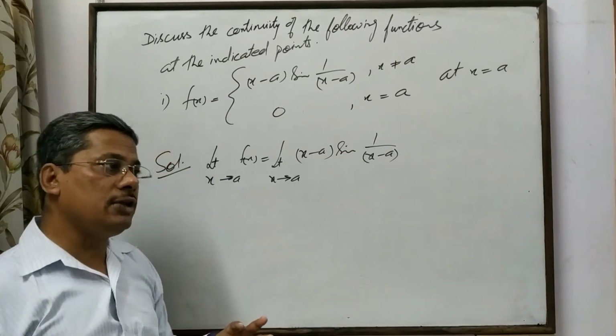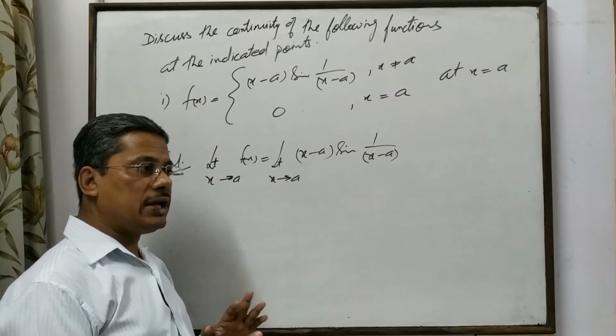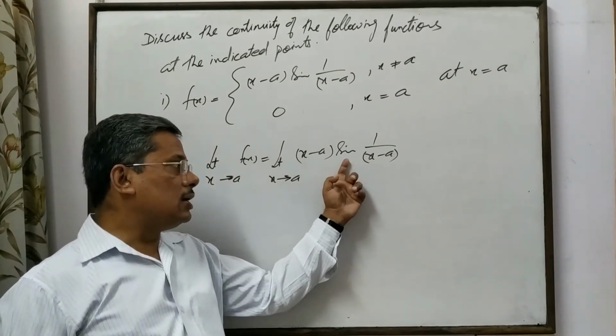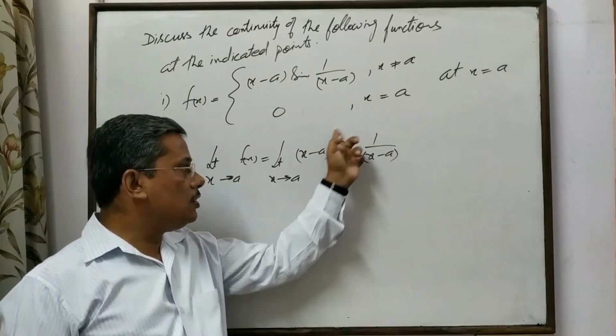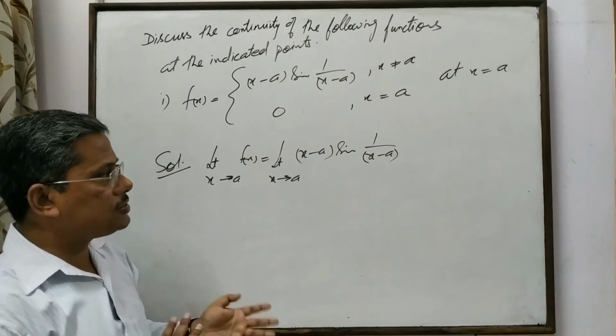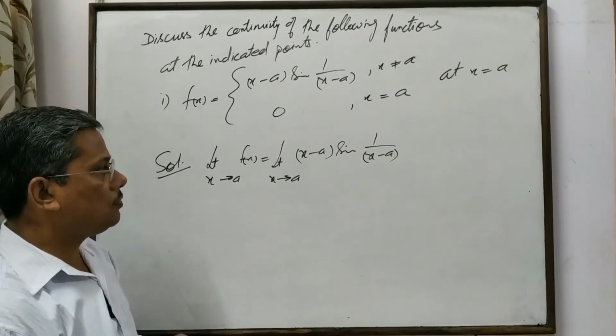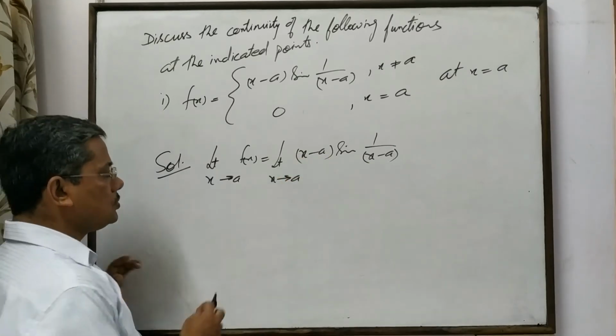At infinity, we know the maximum value of sine is 1 and minimum value of sine is minus 1. This means sine of 1 upon x minus a will lie somewhere between minus 1 and 1. So it will keep oscillating between minus 1 and 1, whereas this x minus a comes out to be 0.